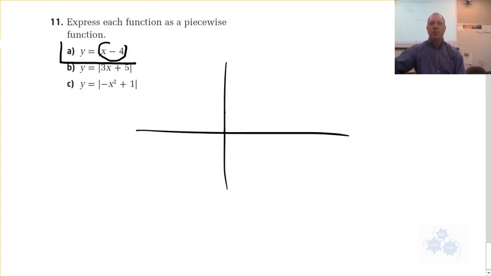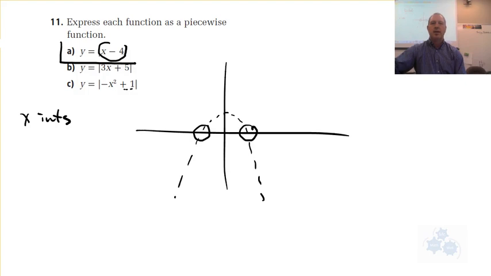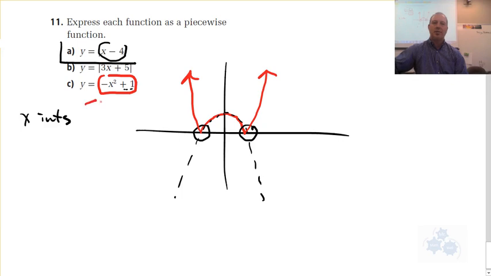So it's a parabola that opens downward, and it has a plus 1 as a y-intercept. So it's going to be kind of looking like this, right? Okay, so find your x-intercepts, which will be somewhere here and here, right? And then you can picture this in your mind that in between those, you're going to have this negative x squared plus 1. And then beyond those, here and here, you're going to have the negative version of this.